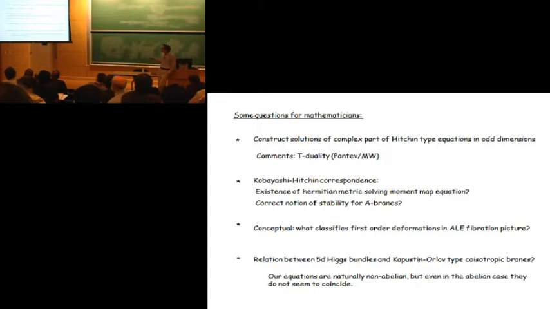I have to say that even in the 8-dimensional case, I've been lying to you a little bit because the usual form of the Kobayashi-Hitchin correspondence applies to ordinary Higgs bundles. The Higgs bundles that we were interested in, even in 8 dimensions, actually are meromorphic Higgs bundles, so they have some singularities.